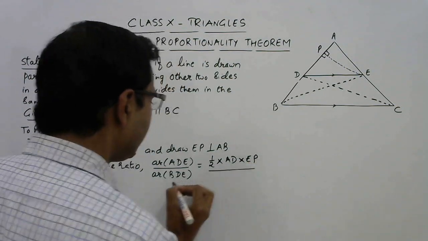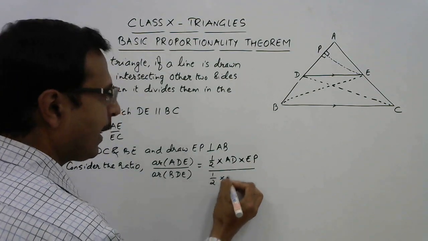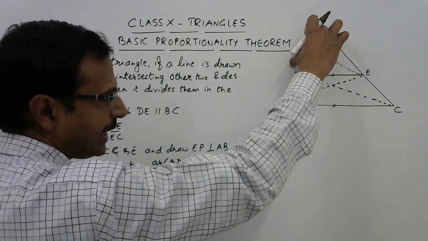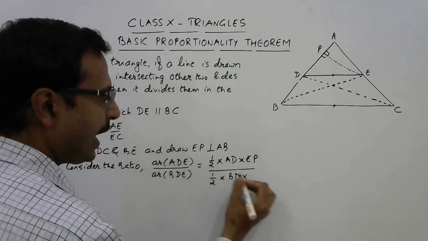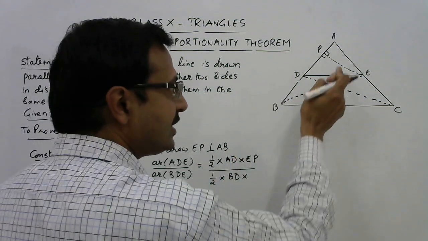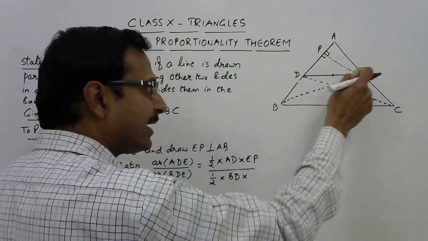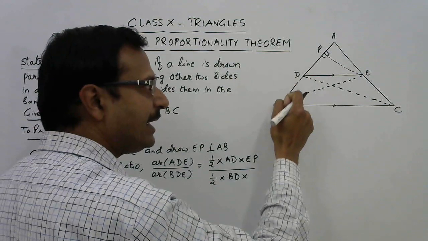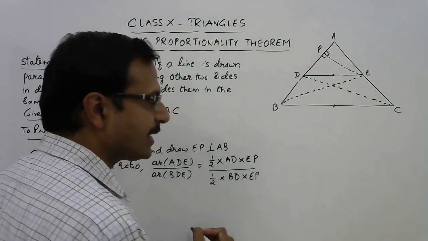And if you see the other triangle BDE, this is half into base BD, and the height of the triangle on the top, EP, is inside the triangle, whereas the height of this triangle BDE is outside the triangle, but the height is same in both the cases.